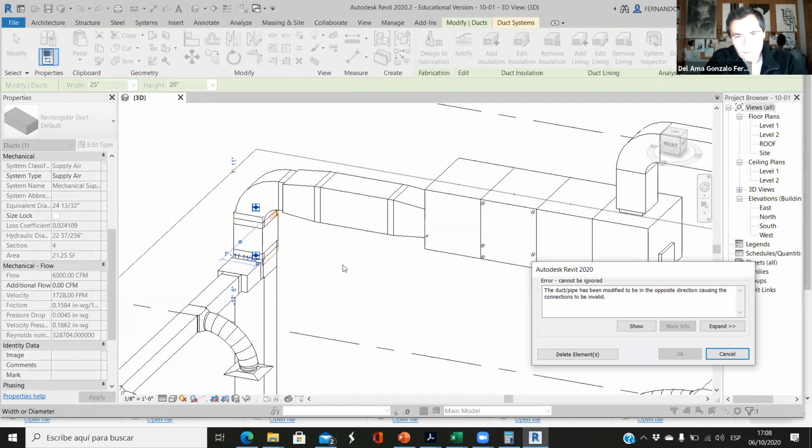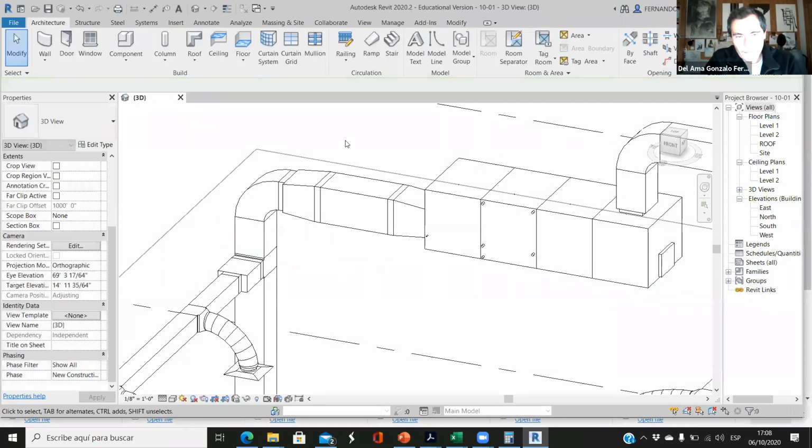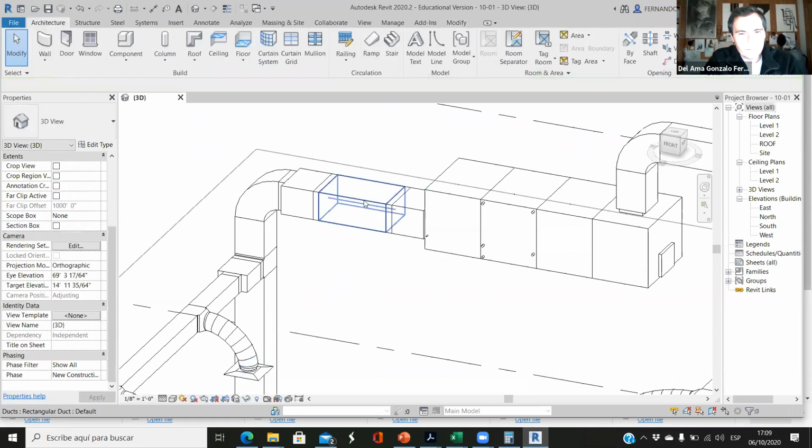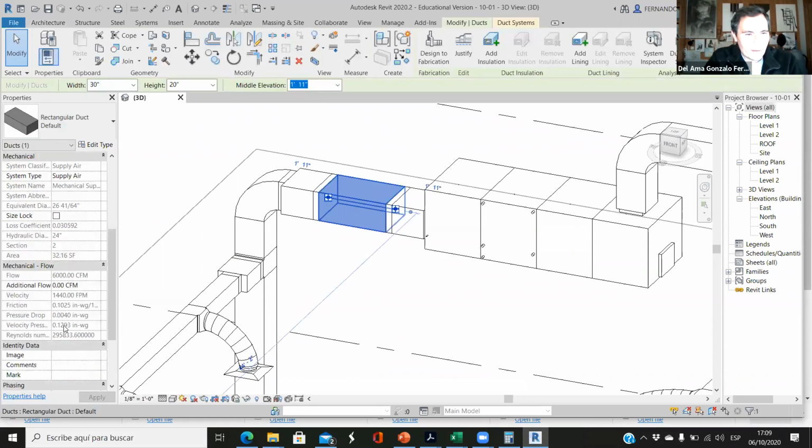So what if I use here 25 by 25? Doesn't work. So now I have to do something that I don't like. I have to use ducts that are not square. But what if I have 30 by 20? What is the speed? It's 1400.